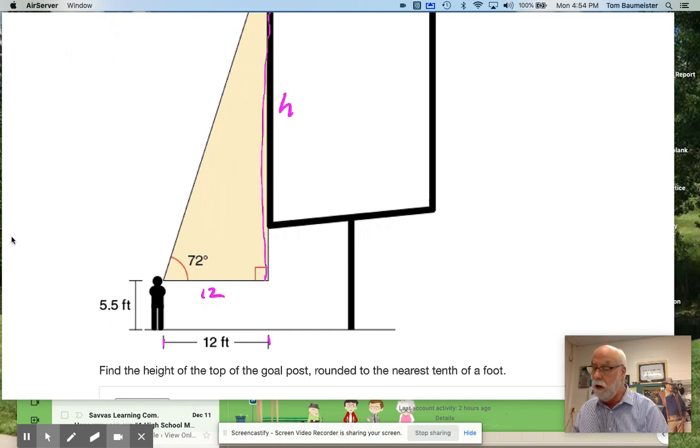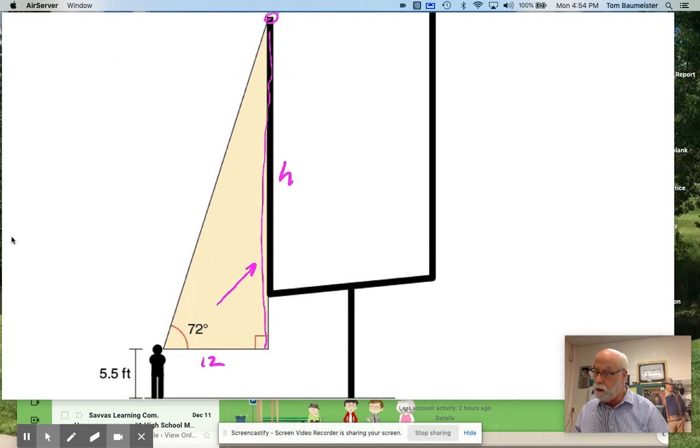That's our angle of elevation, correct? And if we look, we're going to always draw through to the opposite side. So we have H there, and we have our adjacent side. So which one uses the opposite and the adjacent? You would say that it's the tangent of 72. And again, that would be H over 12.